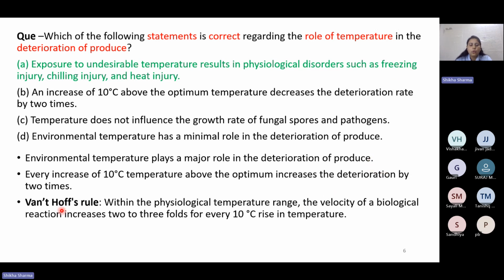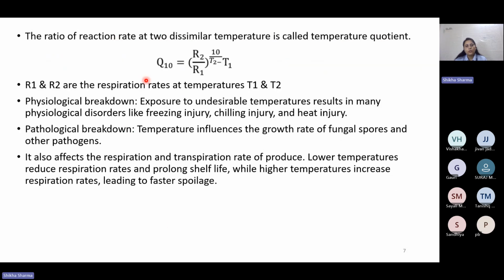Yeah, so Van't Hoff's rule says whenever there is an increase in temperature of around 10 degrees Celsius, the biological reaction rate will increase by 2 to 3 folds. We all know this equation, where Q10 is the temperature quotient.